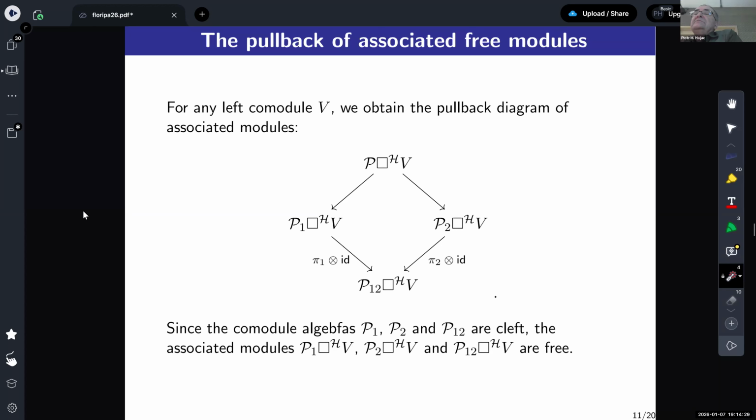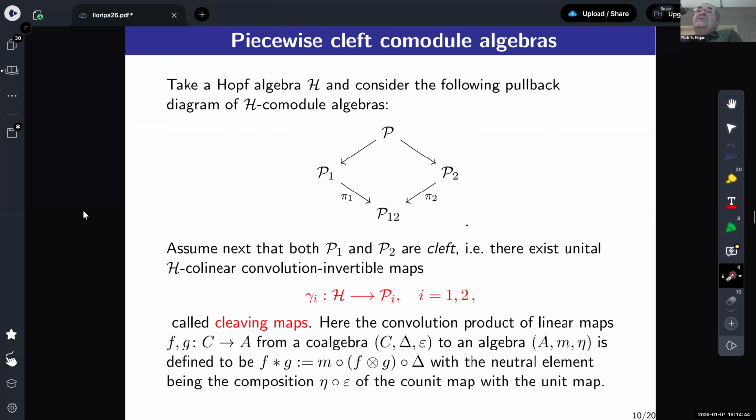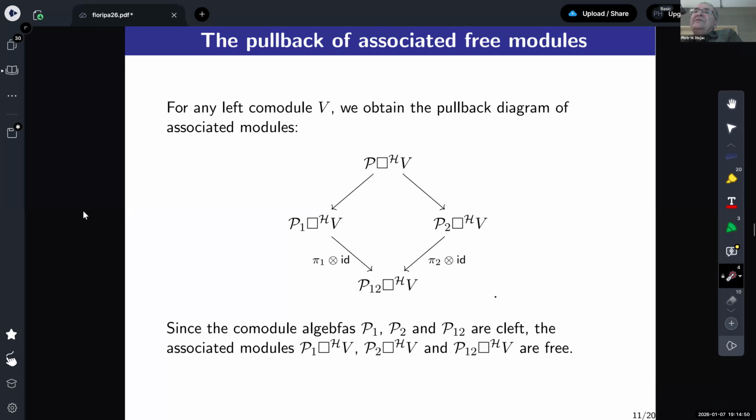Unless V is coflat. Yeah. But this is a good point, Tomek. At this stage, I do not make any... Wait a second, at which stage do I assume surjectivity? Not yet. I assume surjectivity only to go to this sort of Mayer-Vietoris setting.